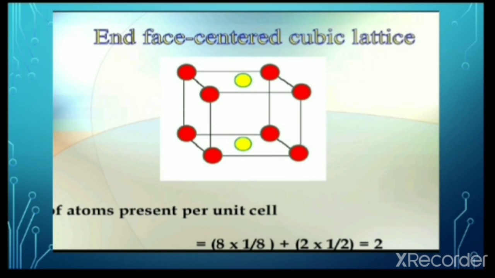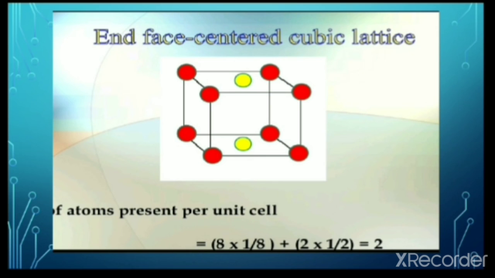Next, the last one, the end centered cubic lattice. Here, 8 atoms are at the 8 corners and 2 atoms are present on any 2 opposite faces of the cube. So the number of atoms per unit cell is 8 at the 8 corners, each 1 by 8 atom per unit cell, plus 2 atoms at the opposite faces, each shared by half, so 2 into 1 by 2.